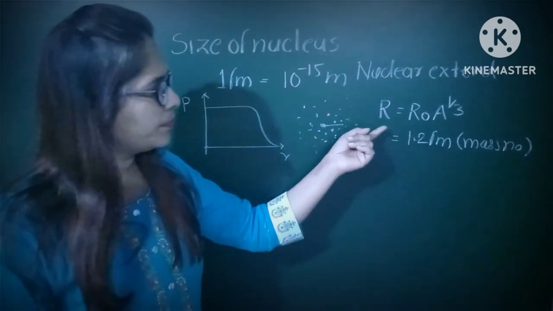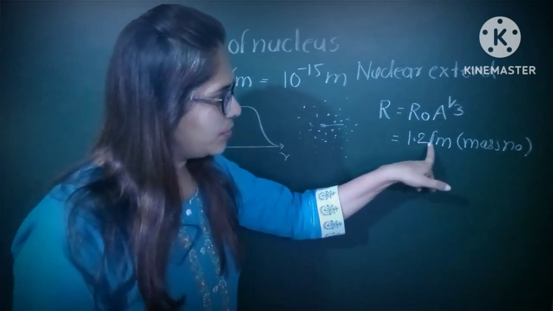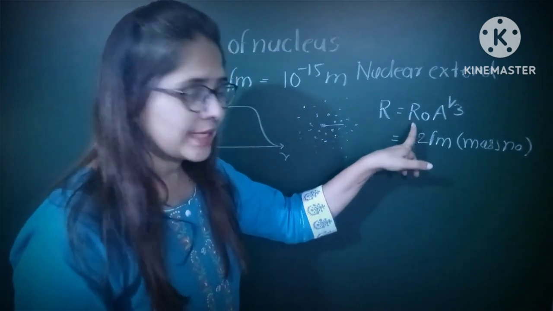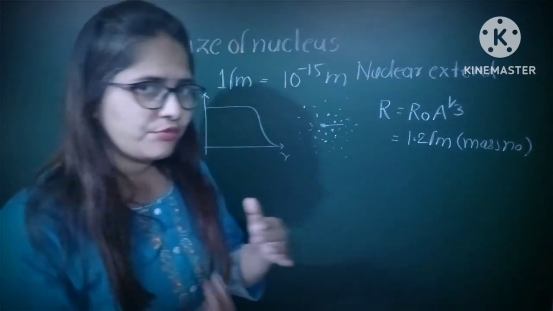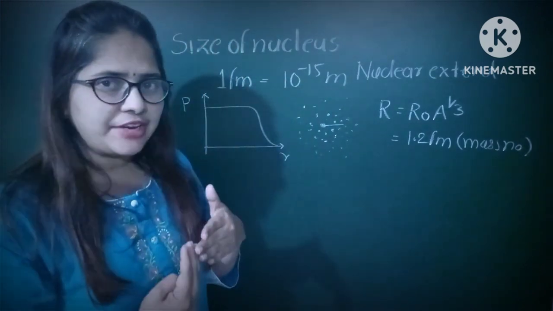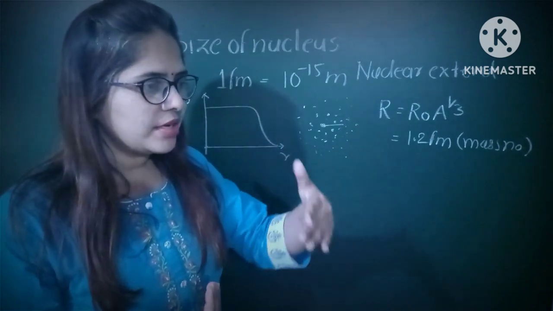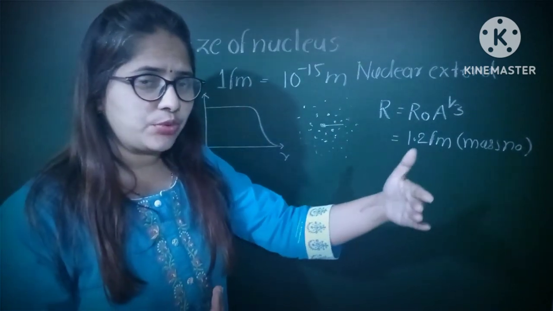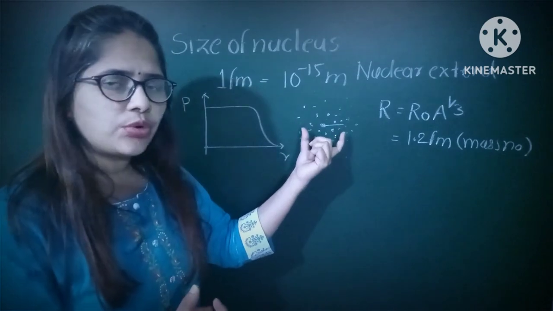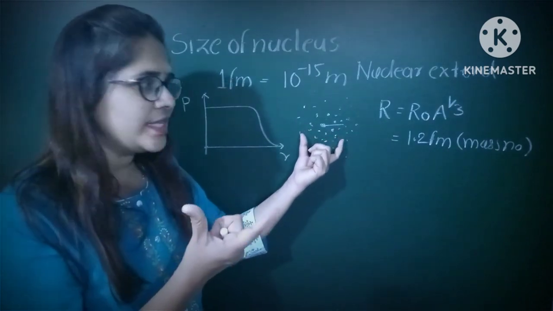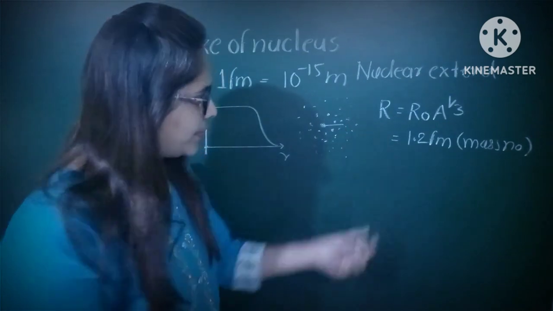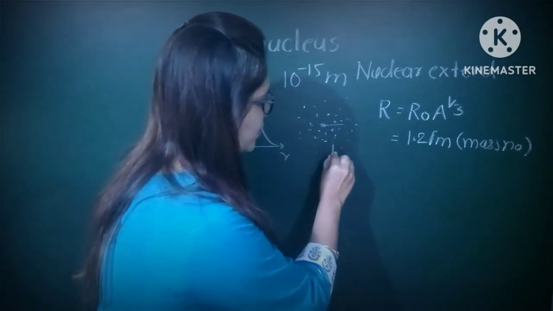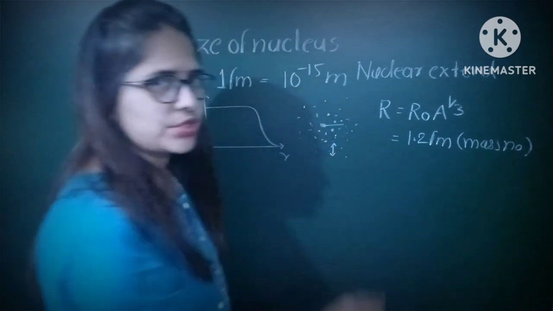This R naught remains constant at 1.2 femtometers as we go from lightweight nuclei to middleweight to heavyweight nuclei. The inner core goes on increasing with the increase in mass number, but the shell cap remains constant.